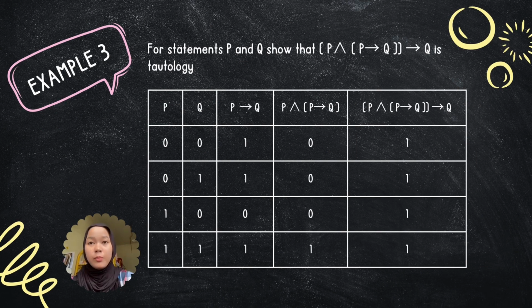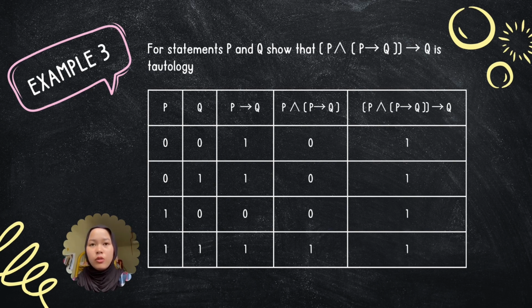Next, for example 3, for statements P and Q, show that (P and (P implies Q)) is a tautology. For the first column, P is 0011. For the second column, Q is 0101.